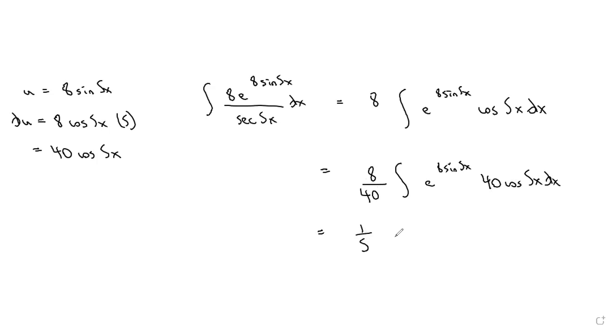And then for the rest of it, it looks like we can just directly do the answer. So it's going to be e to the u plus c. And then of course, it'll be 1 over 5 e to the, and u is 8 sine 5x, plus c. So good, that's correct as well.